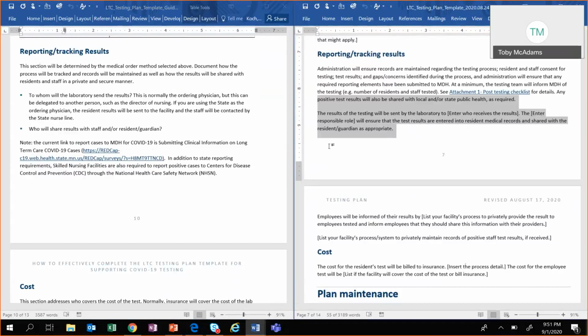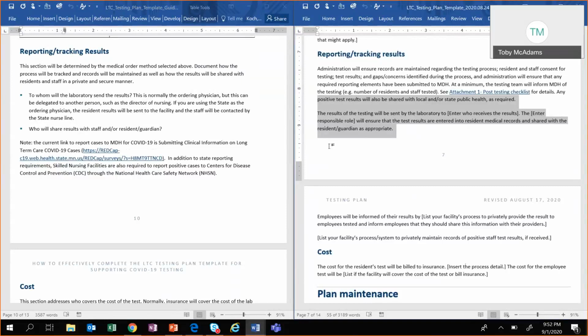And then, of course, how will you take it to the next level and inform the resident and the staff and the resident representatives of the results? How will you go about implementing your communication plan as far as that is concerned? Will you follow through with a letter or a call?